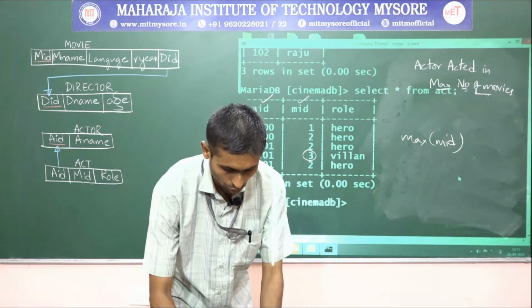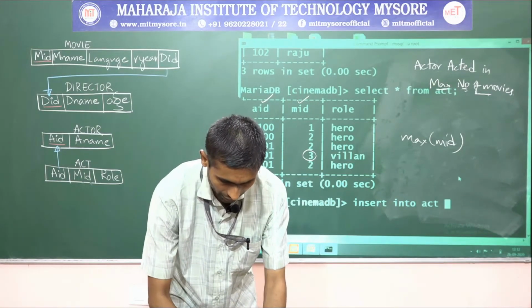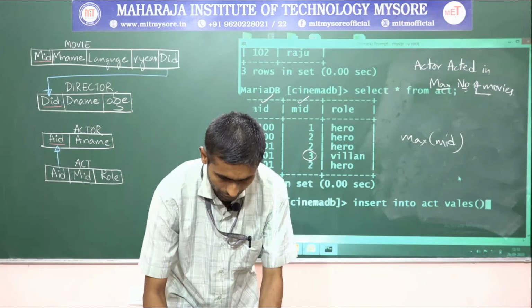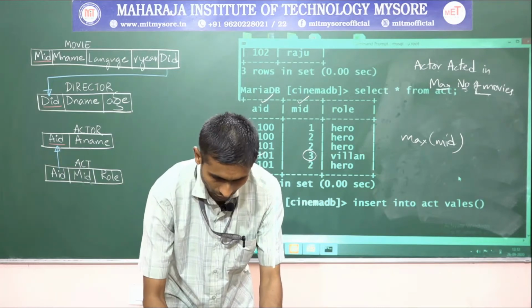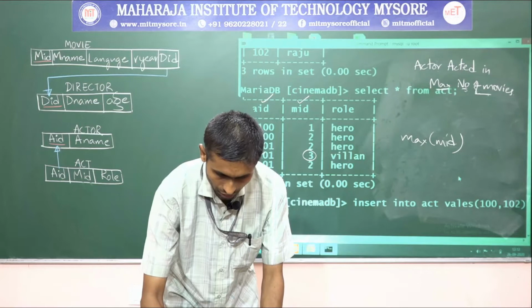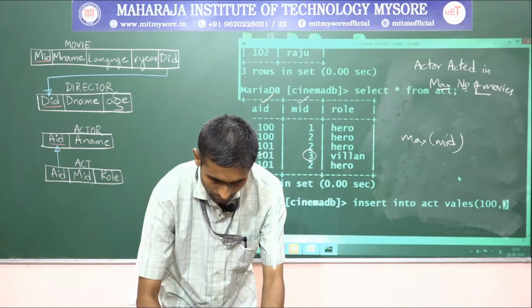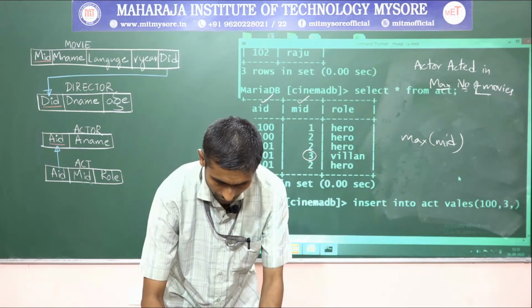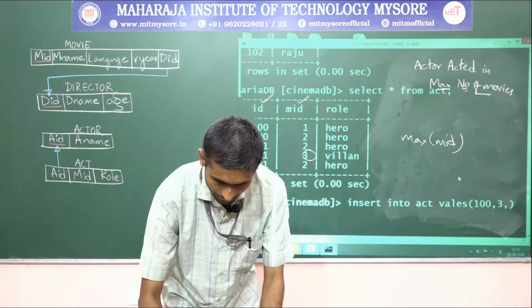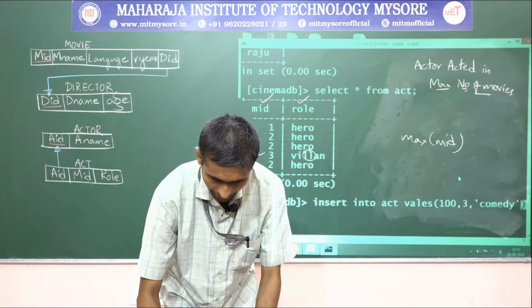Let me go with adding one more row. Insert into act values, actor ID 100 to act in movie ID 3 in the role of some comedy character, right? Let me write.